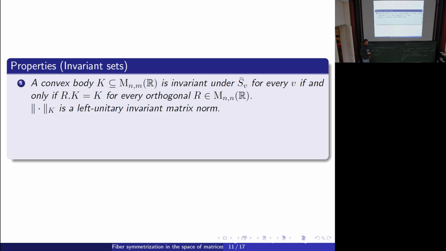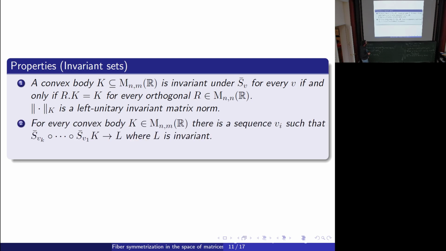But there are many examples. You can take a convex body and symmetrize it several times until you get an invariant set. And also, I don't know if the limit set is unique. There is an interesting point to be made.